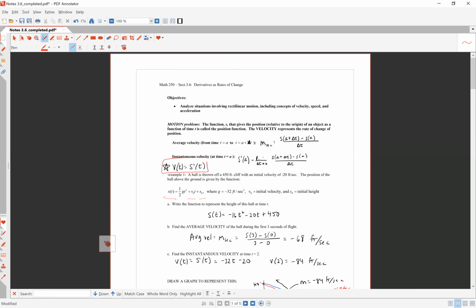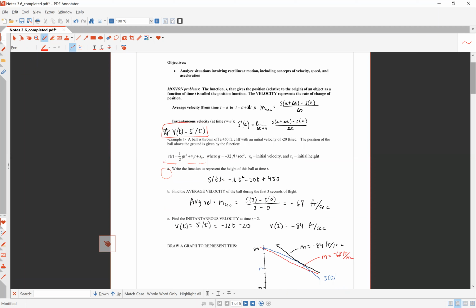In this case, it says to write the function to represent the height at some point in t. All we're going to do is substitute the given values. We're throwing something off a cliff, so it's moving down, and the initial velocity has to be negative because this ball is going down.